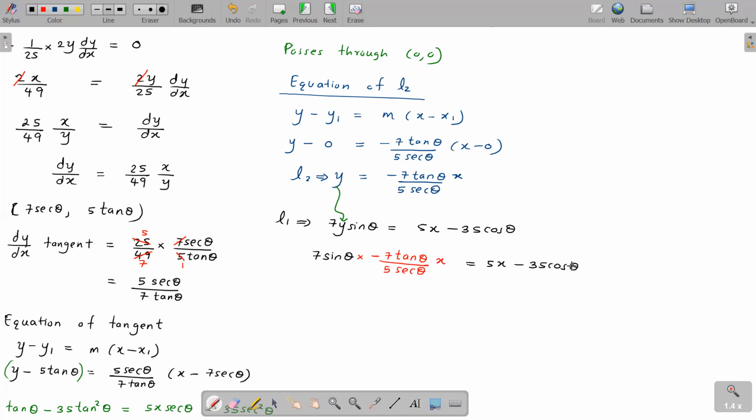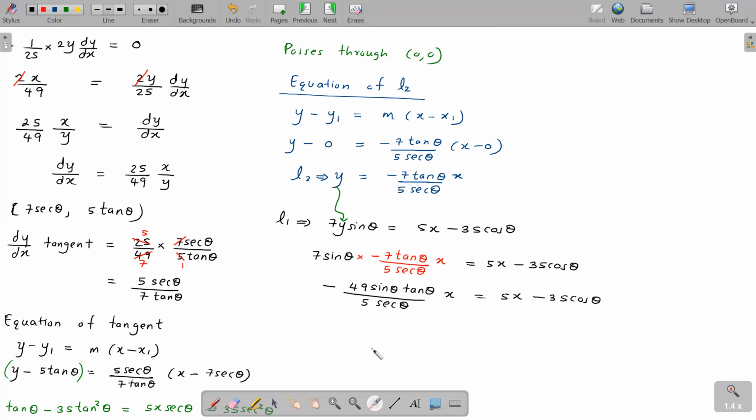So what do we have here? Minus 7 times 7 is minus 49, sine theta tan theta over 5 sec theta times x. Are you okay with this? Minus 49 over 5, we can write minus 49 over 5 sine tan over sec.